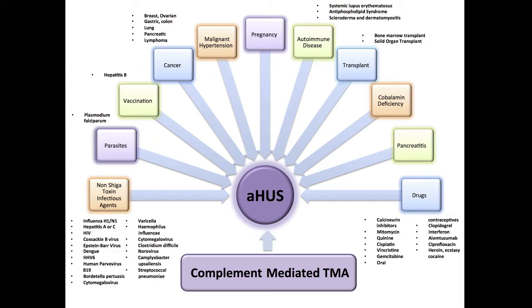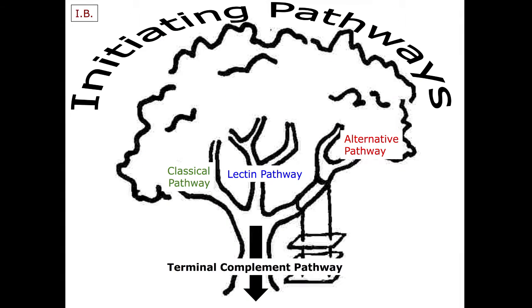But as we've learned more about atypical aHUS, you can see that there are lots of other drivers of disease and lots of other triggers. How these triggers relate to complement or to coagulation is something we're actively studying. So remember this, that it's become more and more complicated.